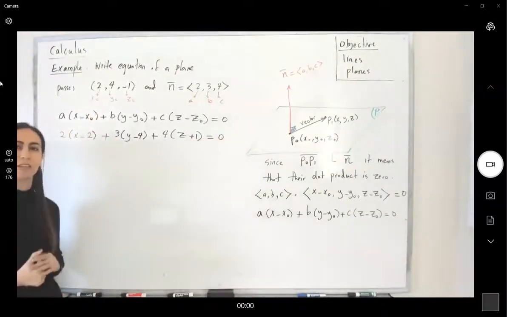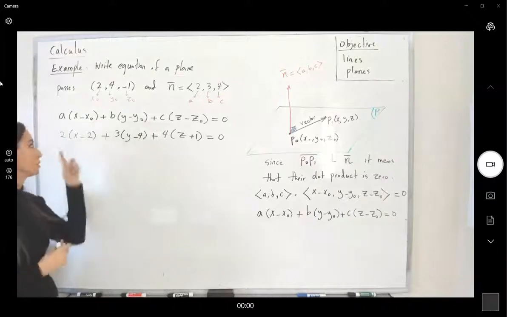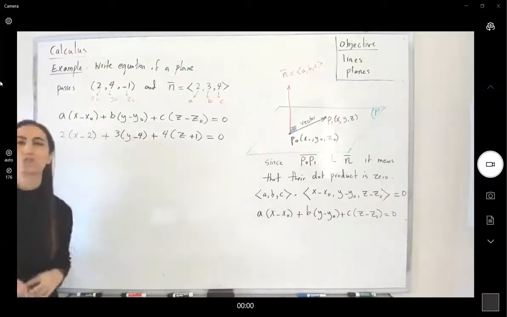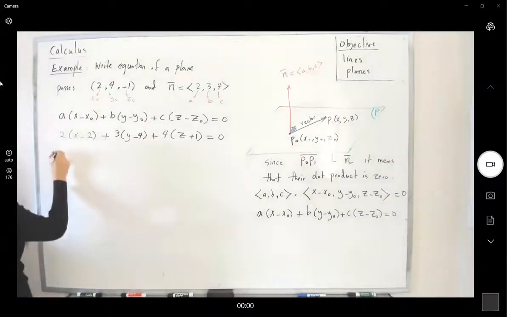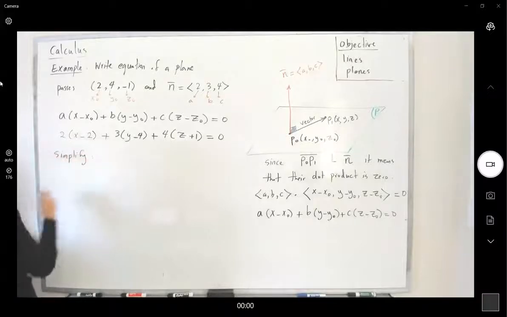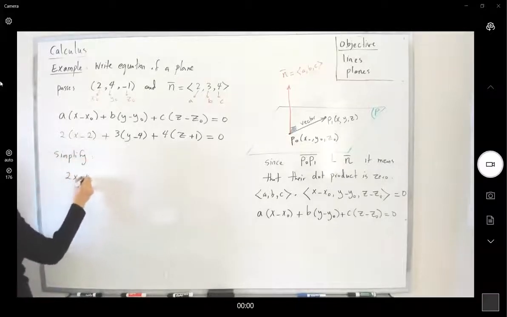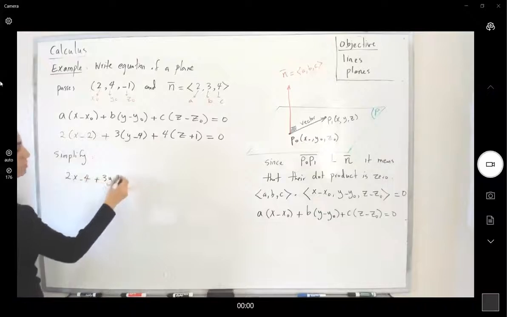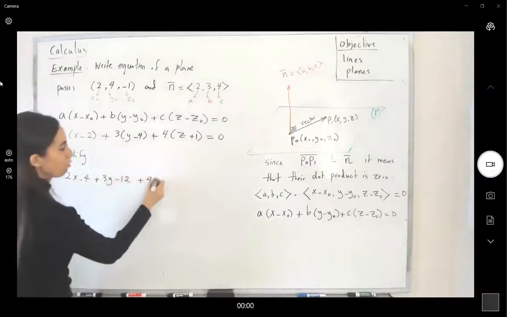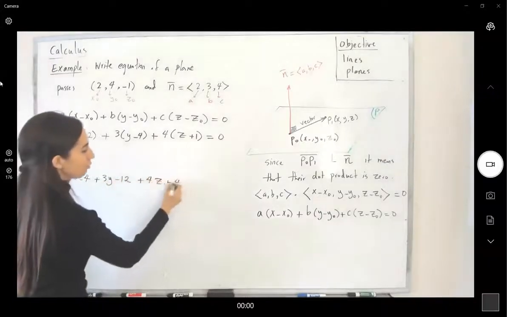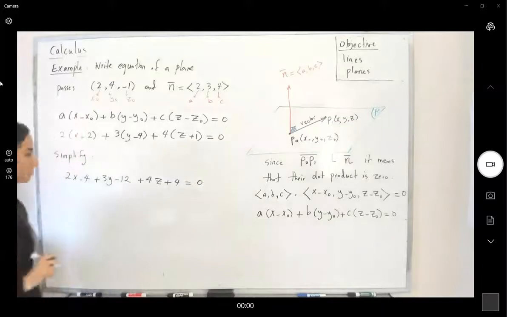We don't leave it like this. We distribute the coefficients and try to simplify. 2x minus 4 plus 3y minus 12 plus 4z plus 4 is 0.